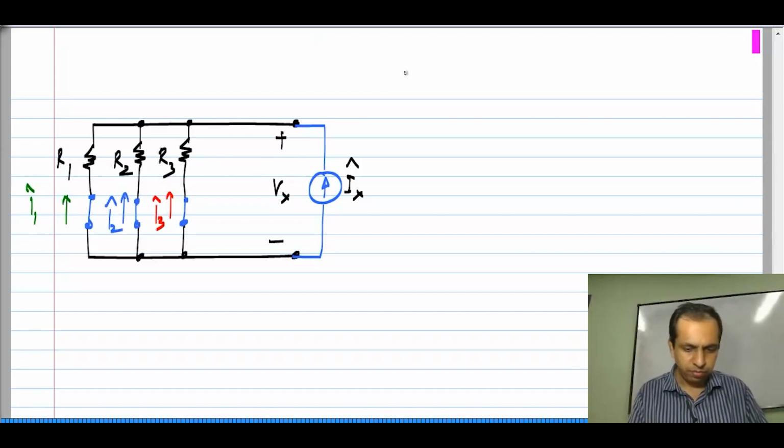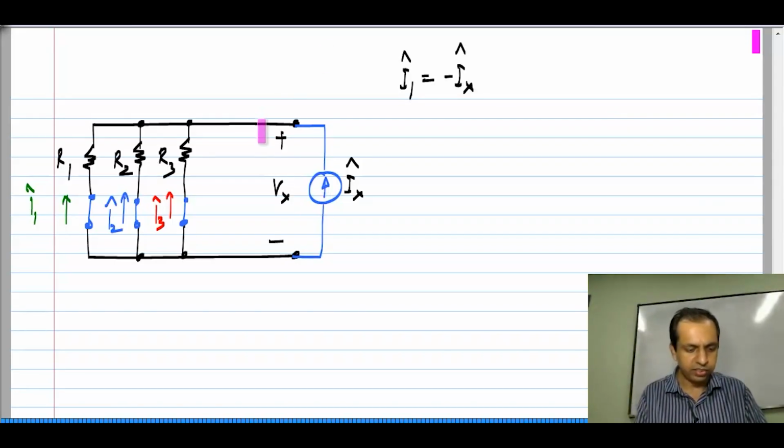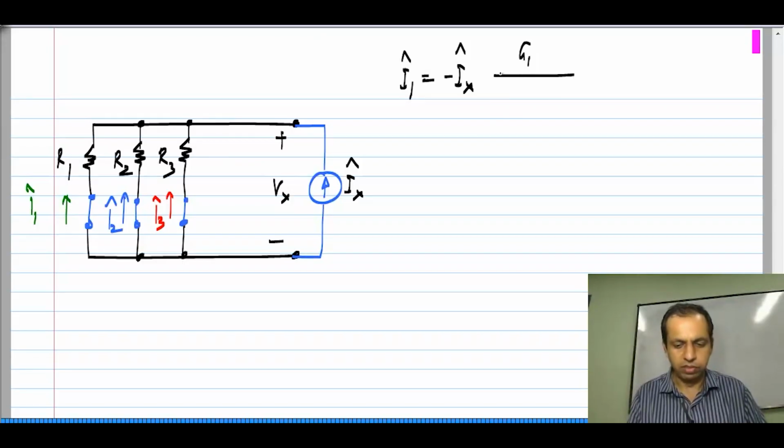I know that I 1 hat is simply minus I x hat. I know that I x hat is injected in this direction. So, the actual current in R 1 will be in the opposite direction in terms of I x hat. So, I will have minus I x hat times the ratio of conductances. This is the current divider case. So, G 1, which is 1 by R 1, divided by G 1 plus G 2 plus G 3.